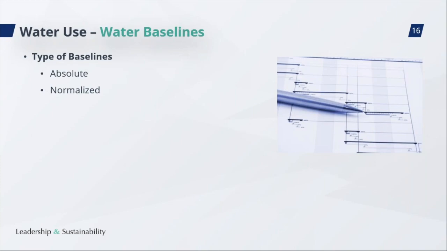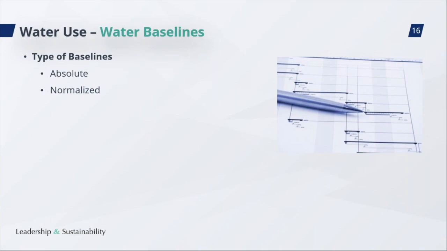But normalized baselines, they also consider the actual production that you have. Since you may have water in use in your processes, if you have wet processes, then you will consume water not only in the domestic region with toilets, etc., but you will probably use more water in your actual manufacturing. And then, of course, the water consumption will be dependent on how much you produce of your products.